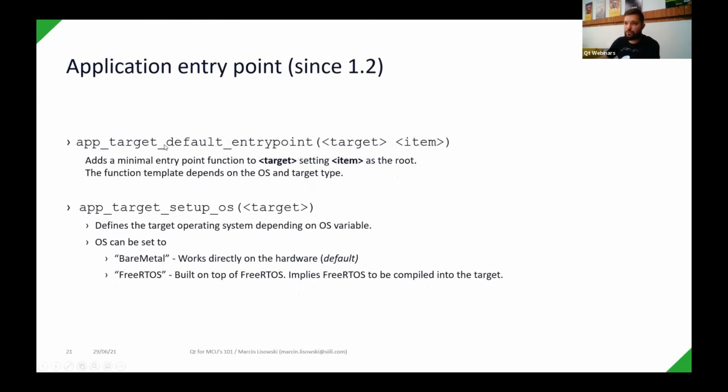Application entry points. Those are convenience macros that you can use to speed up the development process, some prototyping process. You can define the default entry point by just calling one of those or both of them at the same time. QT app target default entry point defines the default entry point for your target. It also takes an additional argument with root item, which defines the root QML file for your whole application.